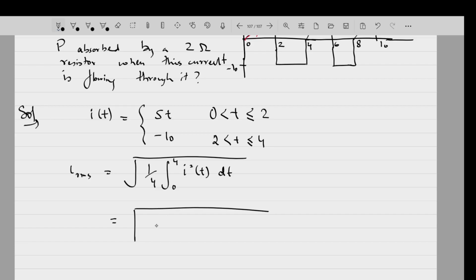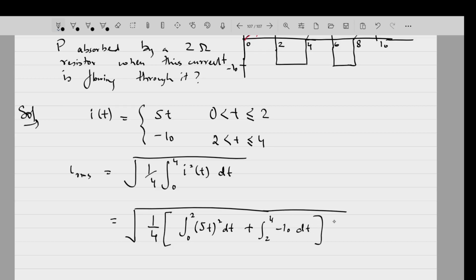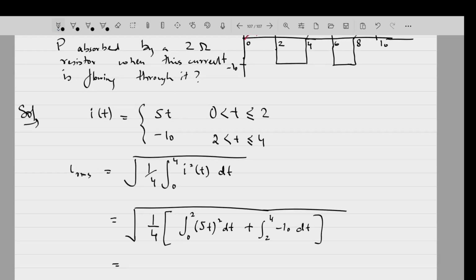So the integral of 1 by 4 of i square dt. i square is varying from 0 to 2 as (5t) square dt, plus from 2 to 4, it's simply equal to (-10) square dt.